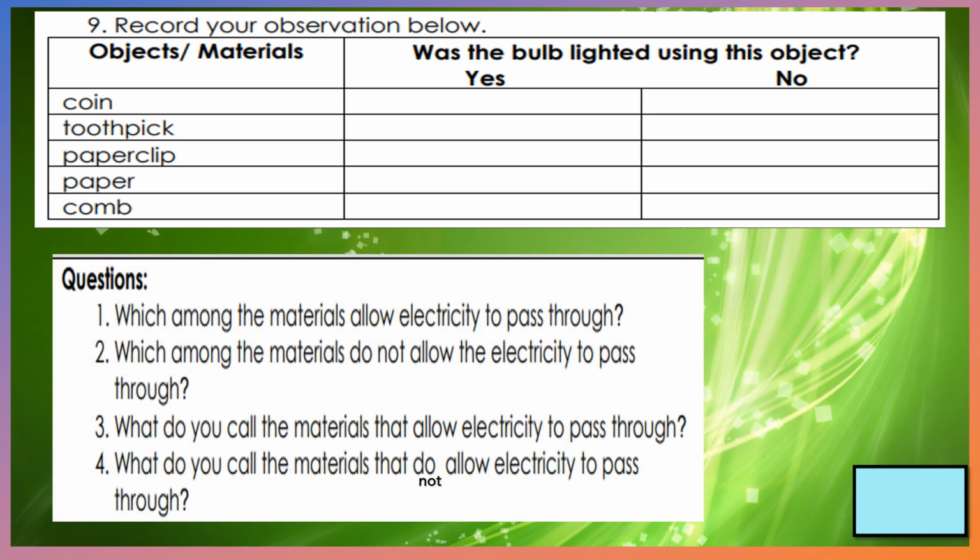And then for the questions: For the first one, which among the materials allow electricity to pass through? Number 2, which among the materials do not allow the electricity to pass through? And number 3, what do you call the materials that allow electricity to pass through? Number 4, what do you call materials that do not allow electricity to pass through?